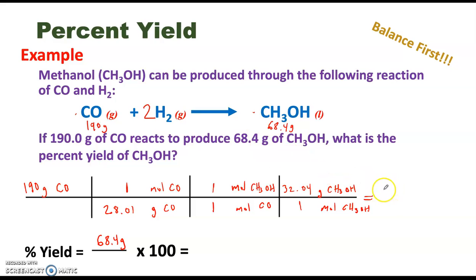What I end up getting is 217.34 grams CH3OH. Gosh, this computer is slow at keeping up with my writing here. I promise my writing isn't this bad.